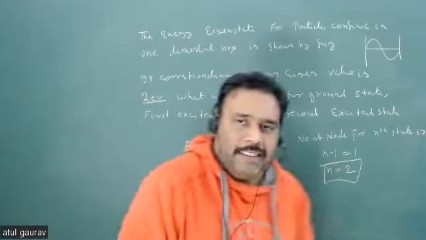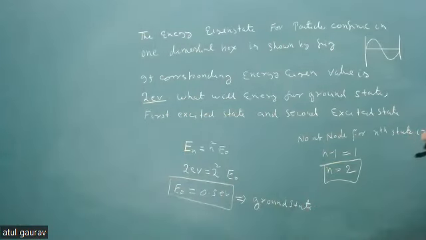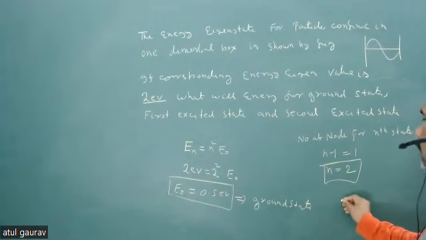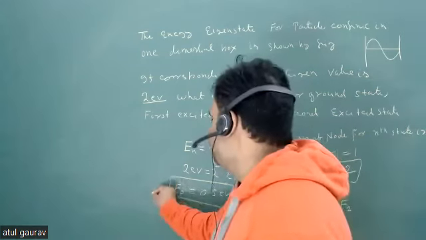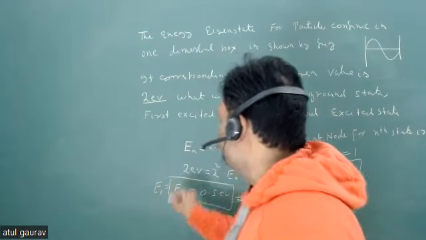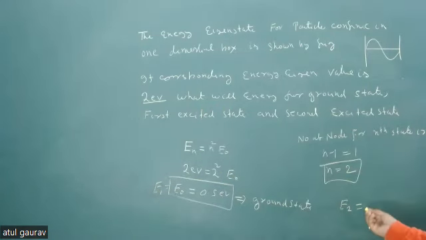What about the first excited state? For the first excited state it is given, so you need not calculate anything. E1 is your ground state, which is E naught. E2 is equal to 4 times 0.5, that is 2 electron volt.